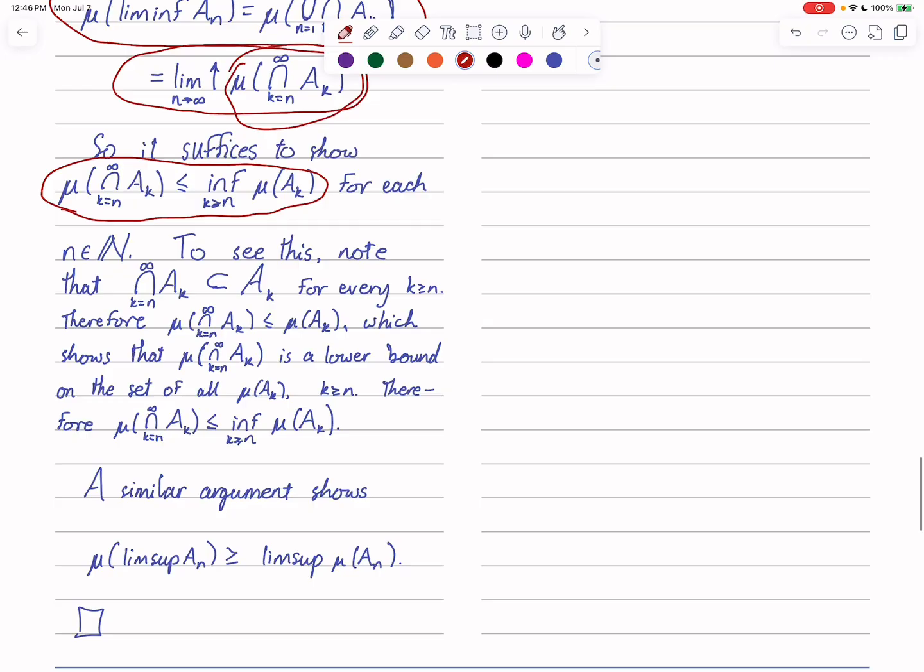Well, notice that when it comes to an intersection, if you intersect a whole bunch of sets, that intersection is always a subset of each one of the individual sets. Therefore, by the way, I believe that this inequality is called monotonicity. I probably should have said that when I introduced it, but since we use this so often, I probably ought to give it a name, so let me do that now.